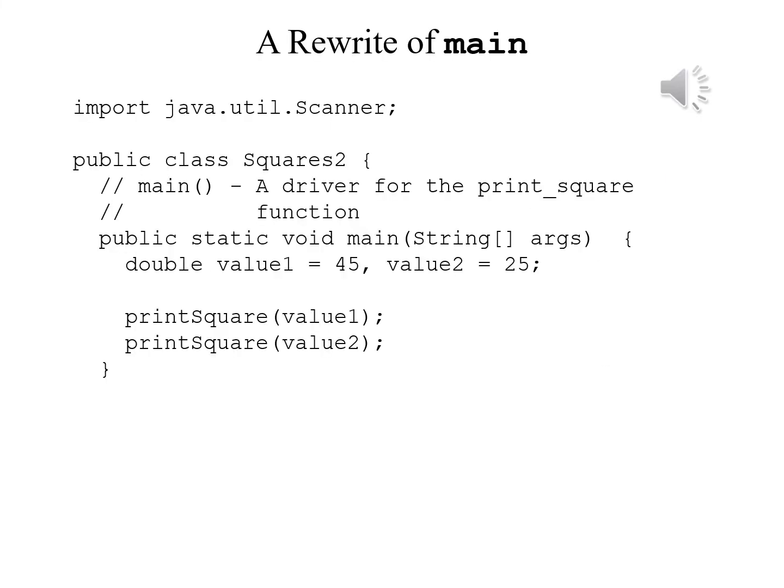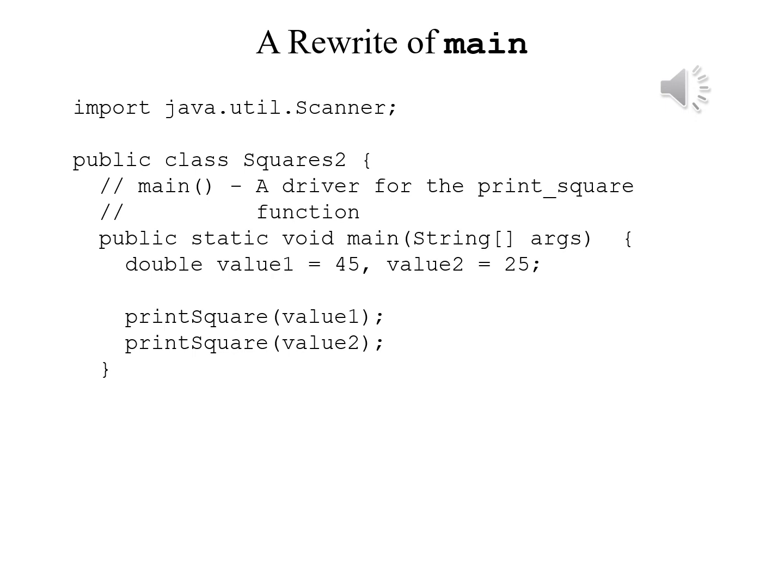We are now going to write a new class called Squares2. It will have the same version of printSquare as before, but the main method will be different. The main method begins with a comment, a driver for the printSquare function.